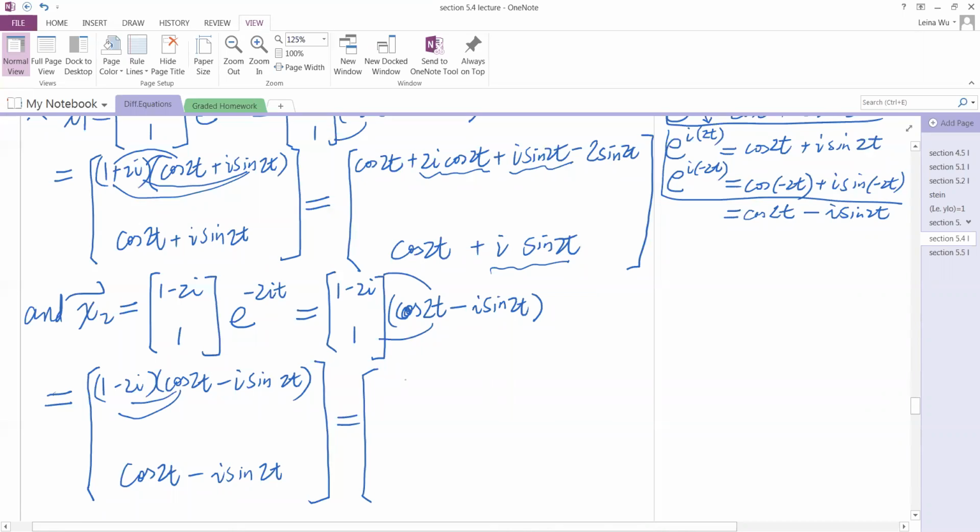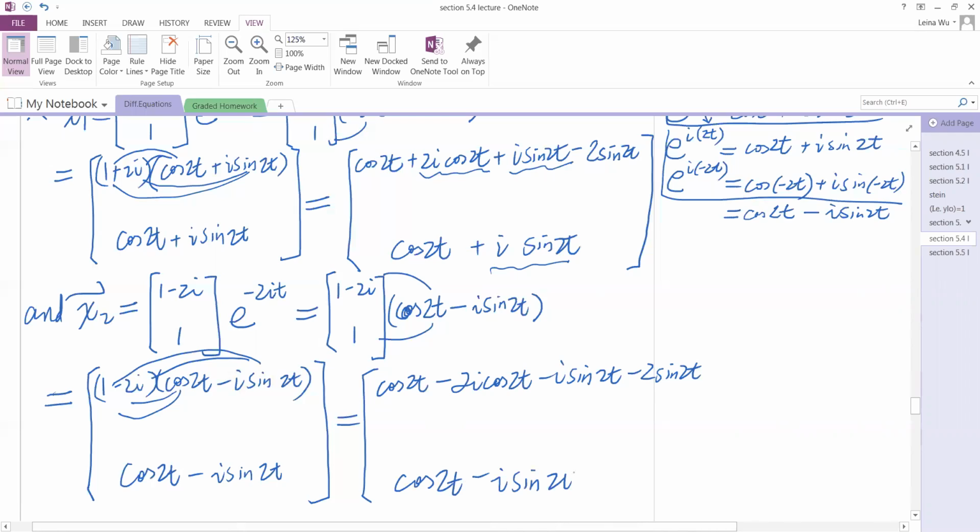FOIL: you have cosine 2t minus 2i cosine 2t minus i sine 2t, and here you have plus 2i squared, which is minus 2 sine 2t. The bottom, you get cosine 2t minus i sine 2t.